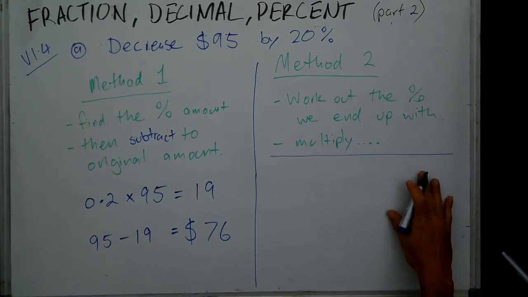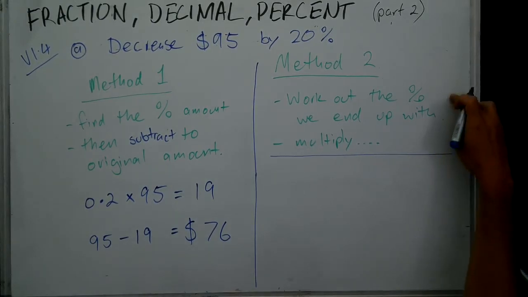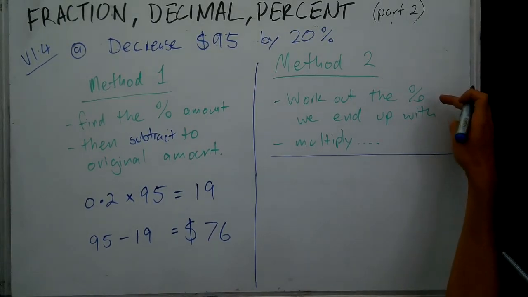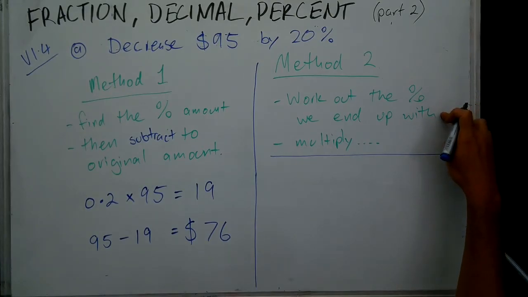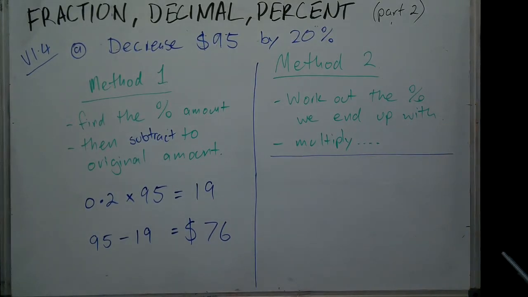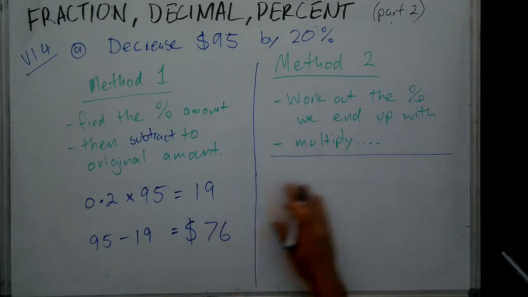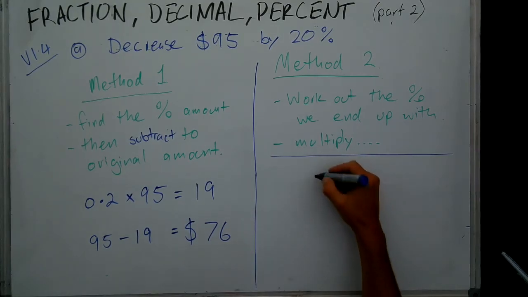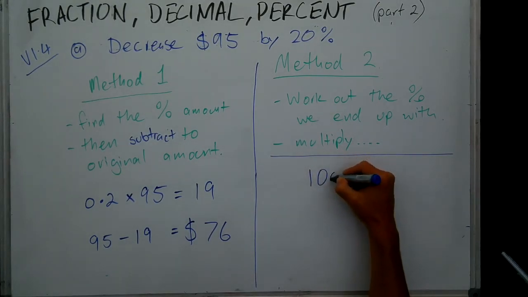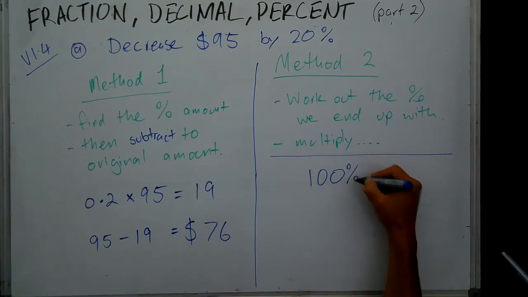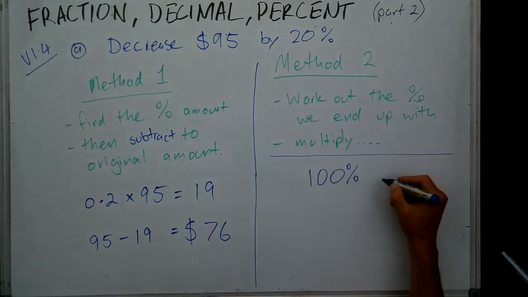Now, method 2, essentially the steps are the same. Work out the percent we're going to end up with, and then just multiply. So, kind of like we did in the increase example, we're starting with 100%, and we're decreasing by 20.